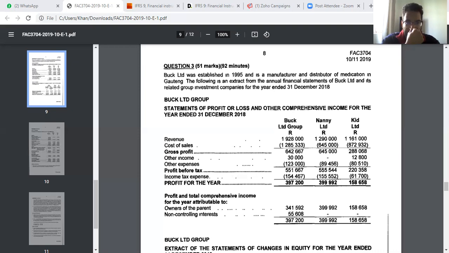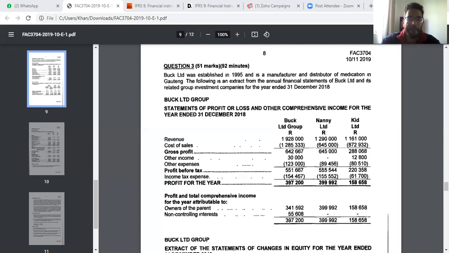Buck Ltd Group, statement of profit or loss and other comprehensive income for the year ended 31 December 2018. We have revenue, cost of sales, gross profit, other income, other expenses, profit before tax, income taxes, and then profit for the year.